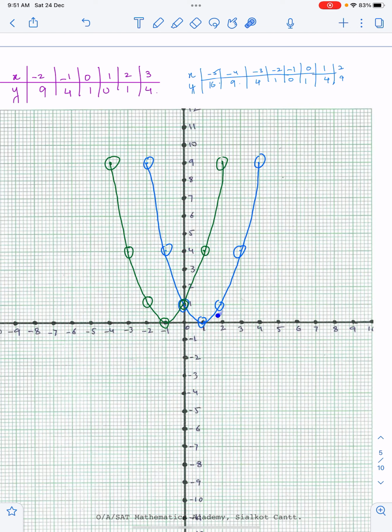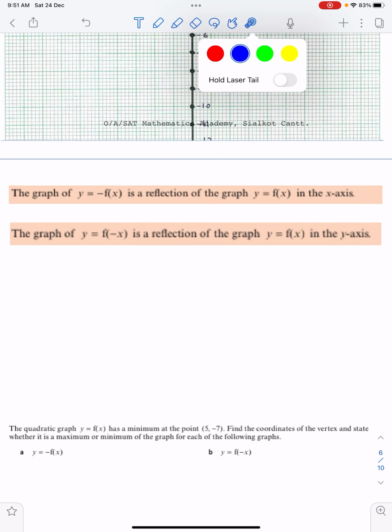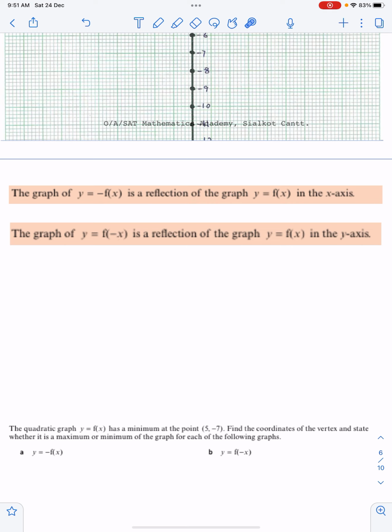This whole part has gone onto this, and this part is the mirror image of this part. So we come to the conclusion that the graph of y equals f of negative x, that means whatever was the equation of f of x, in place of every x you have plugged in negative x, is a reflection of the graph of y equals f of x in the y-axis.